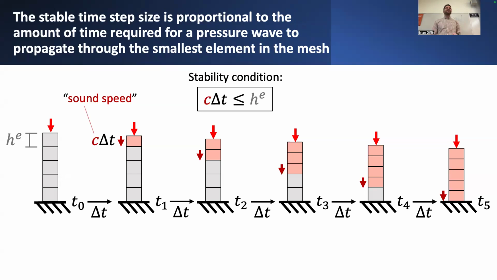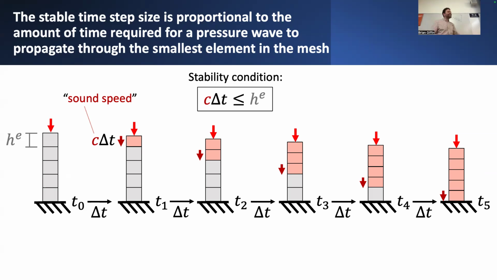So assuming that I'm taking a sufficiently small time step that is bounded by this estimate that we just came up with, this stability limit, then rearranging some of the terms in that expression, it indicates that if I am taking some stable time step size, then the size of that time step has to be such that the distance traveled by this pressure wave front is less than the diameter of each of the elements in the mesh.